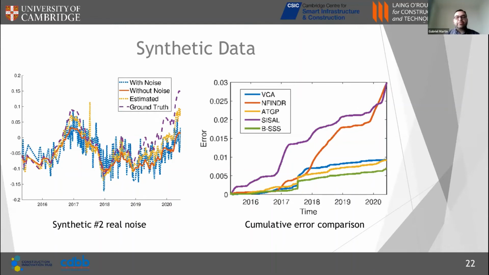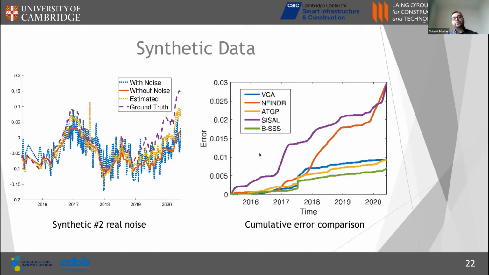In the previous case, the noise was Gaussian, so it's equally distributed along time and along all the pixels. But in this case, because it is real noise, it's not equally distributed, which is much more complicated to deal with. But even though, we observe that our estimation is close to the ground truth pattern, so it's also a good result.